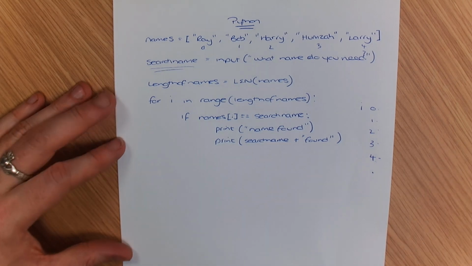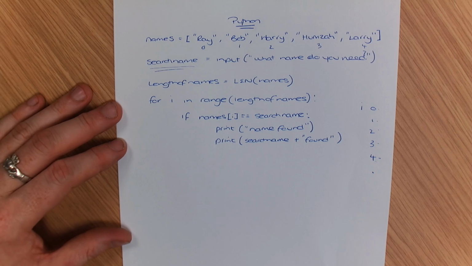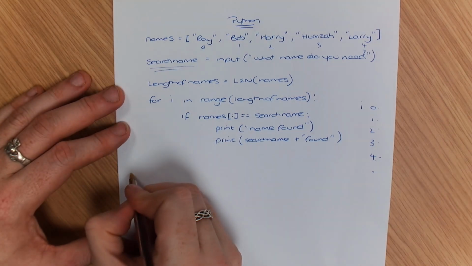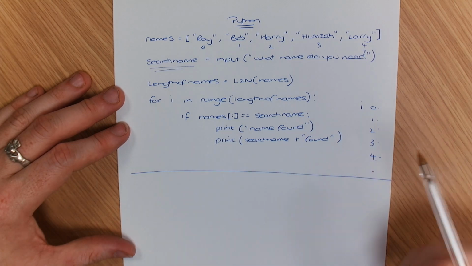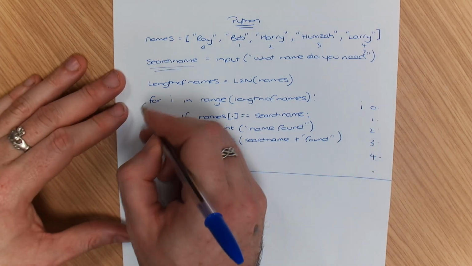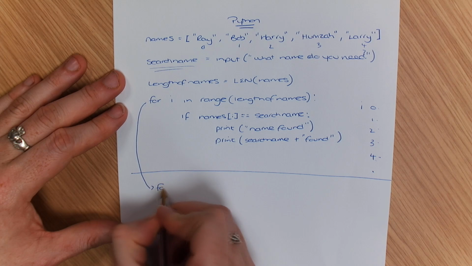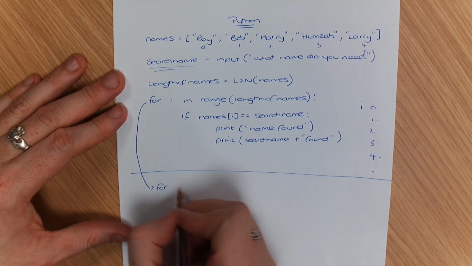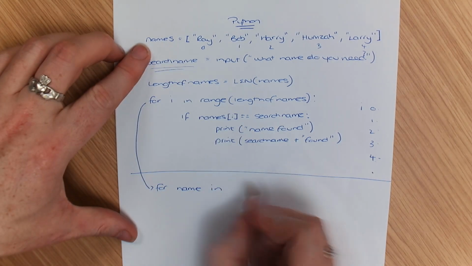Now another way that is probably easier for a for loop, that you could do, which is not necessarily going to be demonstrating your linear search if I'm honest, but another way you could do it is you could say, for name in names.